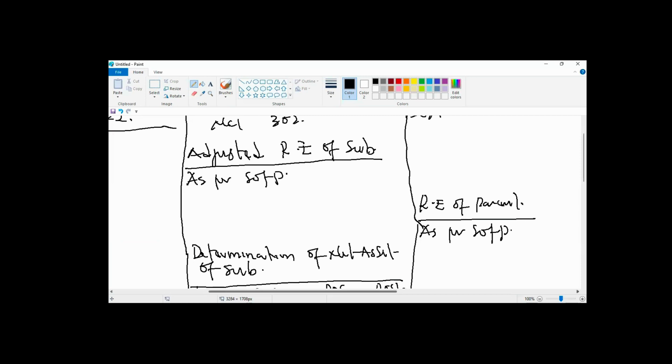As per SOFP, the retained earnings of the subsidiary is 1,520, then that of the parent, 2,524. That's all.